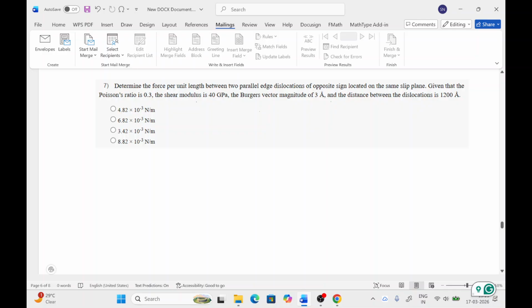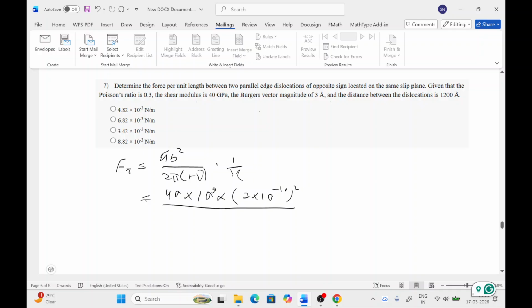Yes, so the force Fx will be G b square by 2 pi, 1 minus nu, into 1 by x, with x 1200 angstrom.